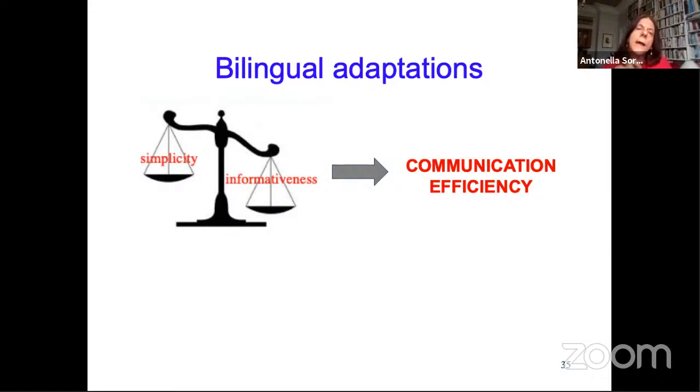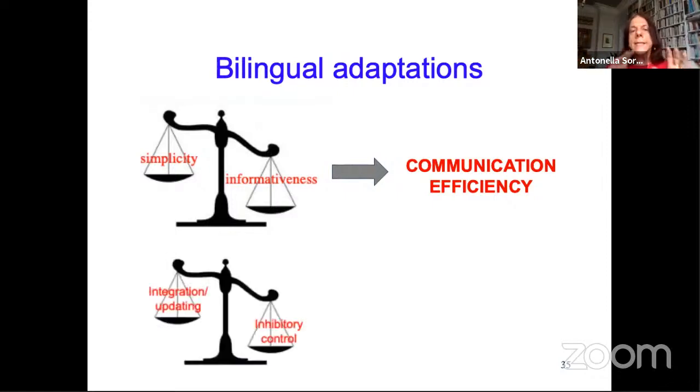Another interesting factor that needs to be better understood is what kind of cognitive mechanisms might be at play in this kind of solution that we see in changes in the use of pronouns, for example. And as I said, what seems to be at play is not so much the effects of one language over the other, they may be there, but also, more generally, integration of contextual information. So integration, updating the context.